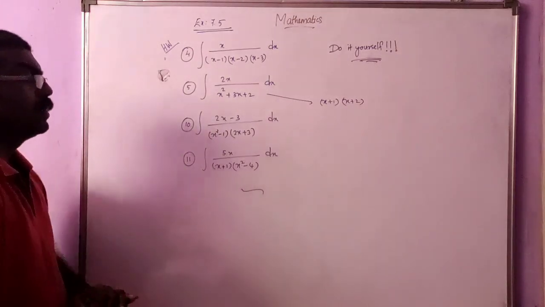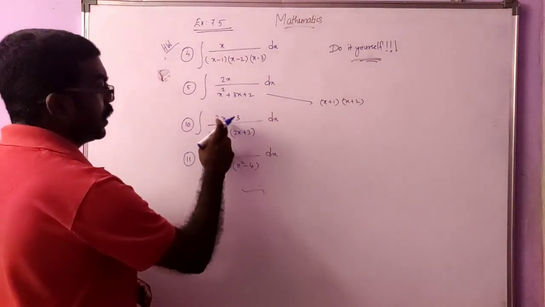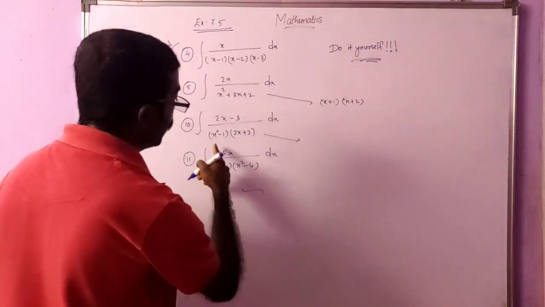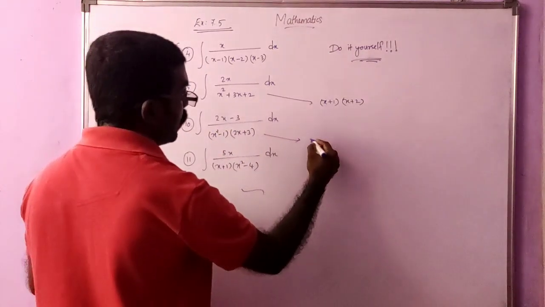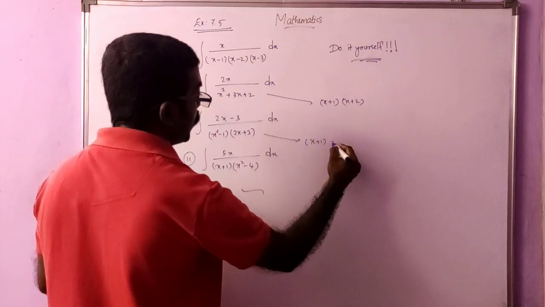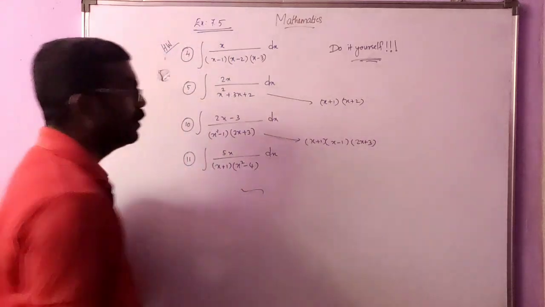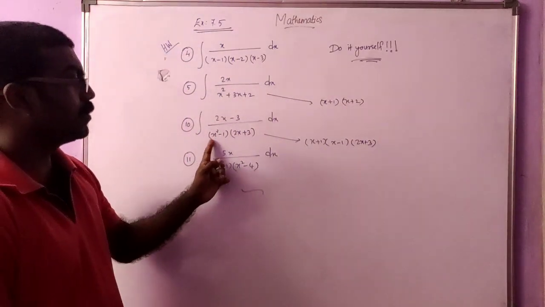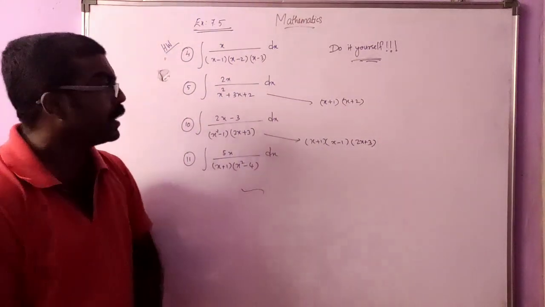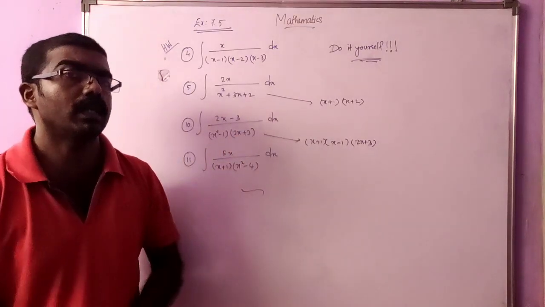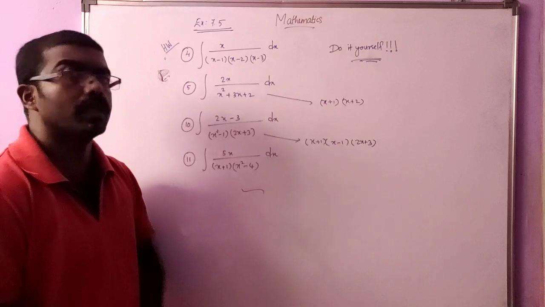And here it is 2x minus 3 by x square minus 1 into 2x plus 3. Here also we can write the denominator as x square minus 1, that is x plus 1 into x minus 1, then 2x plus 3. So a square minus b square is a plus b into a minus b. Then the third one is 2x plus 3, so 3 non-repeating linear factors in the denominator.